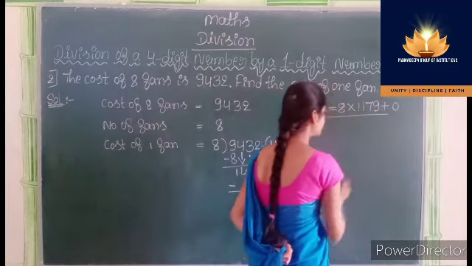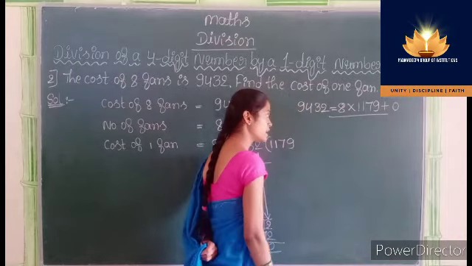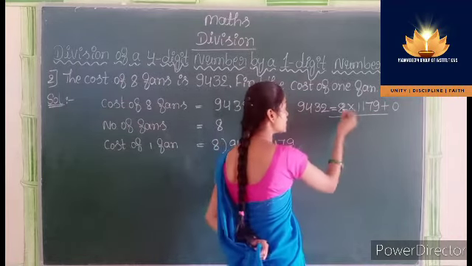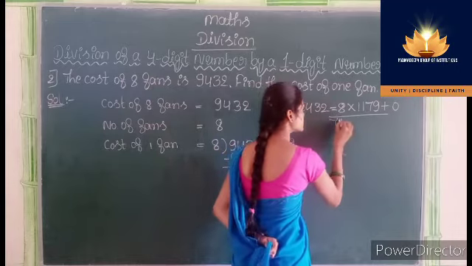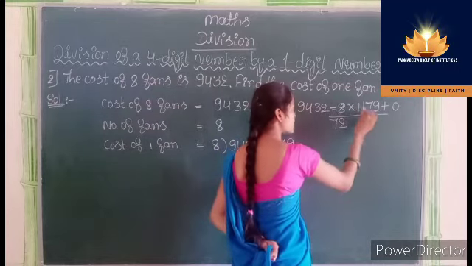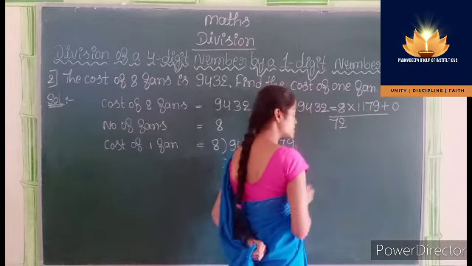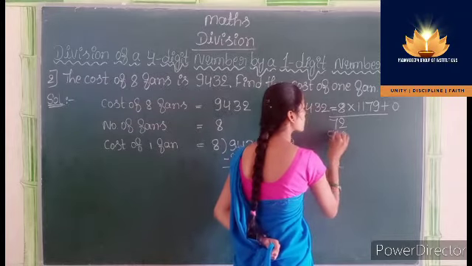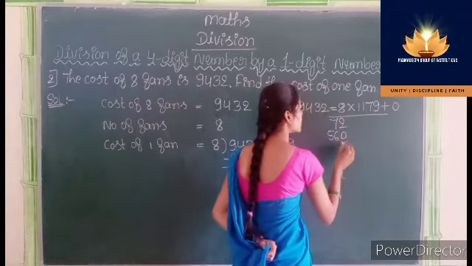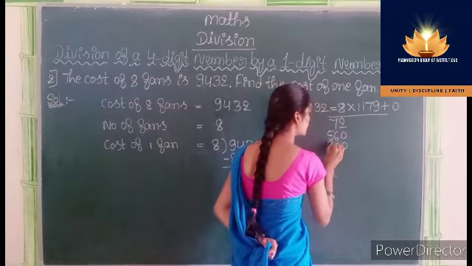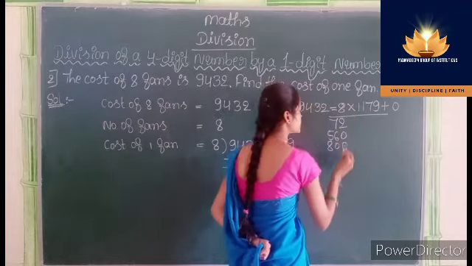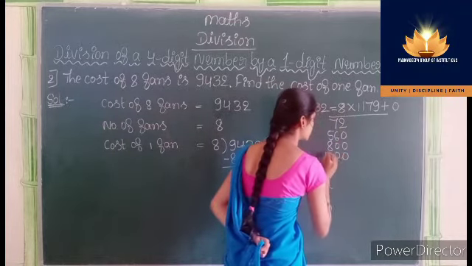Multiply 8 by this 1179. 9 8s are 72, then 7 8s are 56, 1 8 is 8, then 1 8 is 8.